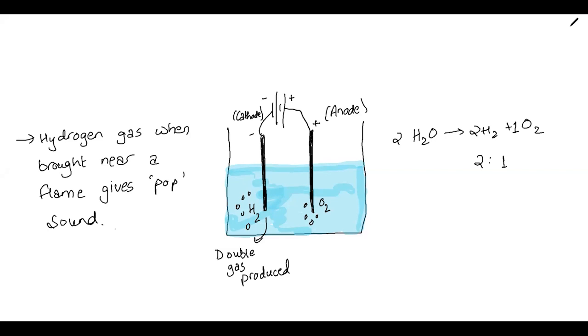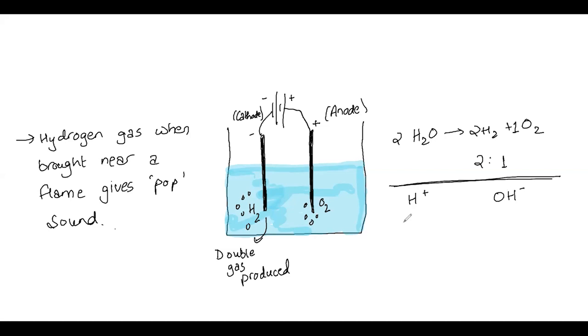So I'll give you an example. Water has two kinds of ions: hydrogen ions and hydroxide ions.